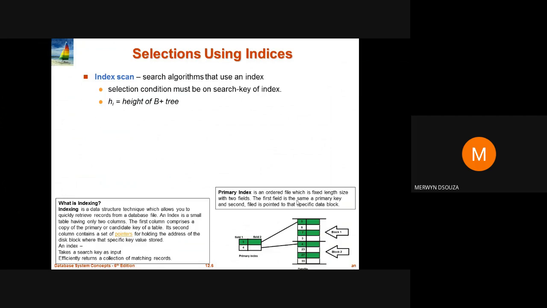For example, you can look here that we have a primary index, which is basically having two fields. The first field here is the primary key, and the second is a pointer to the table where the data is stored.